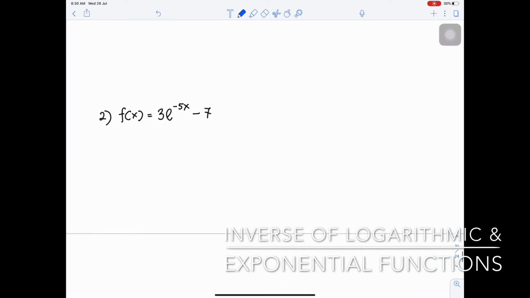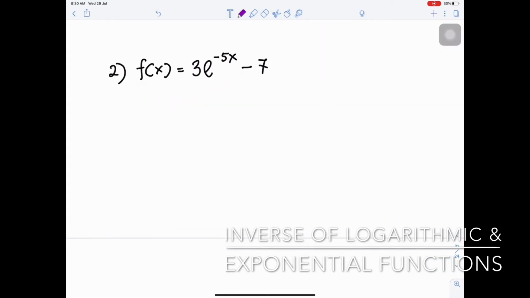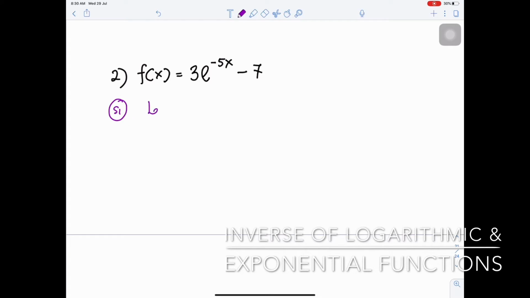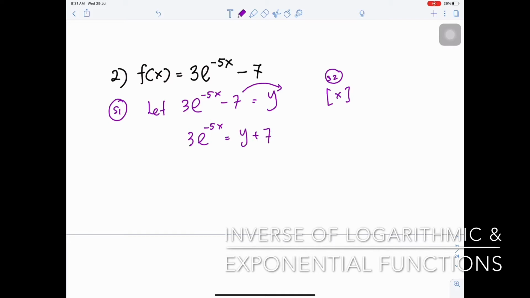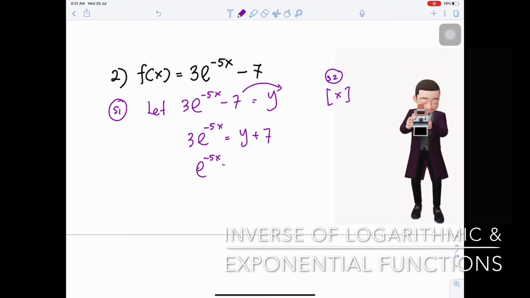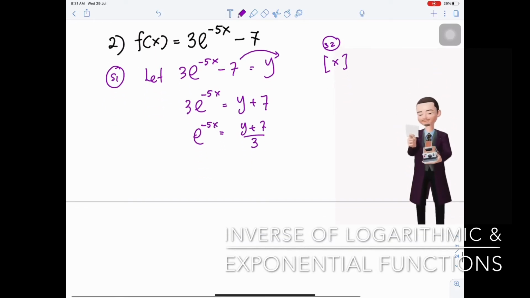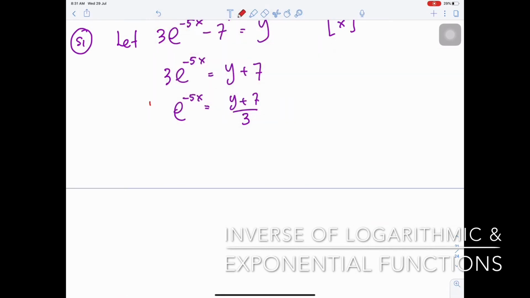Next question, same, step 1: let 3 to the power negative 5x minus 7 equal y. Step 2, find x as the subject of the formula. Bring 7 over, so we get 3 to the power negative 5x equals y plus 7, and then 3 goes to the right hand side and becomes division. So e to the power negative 5x equals y plus 7 over 3. As usual, ln both sides.